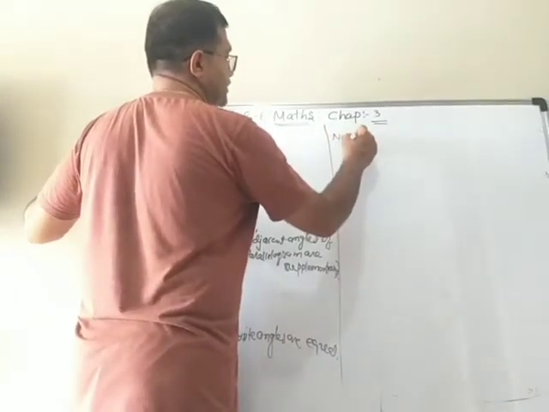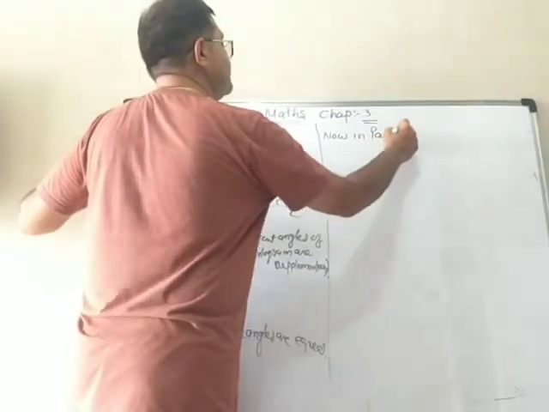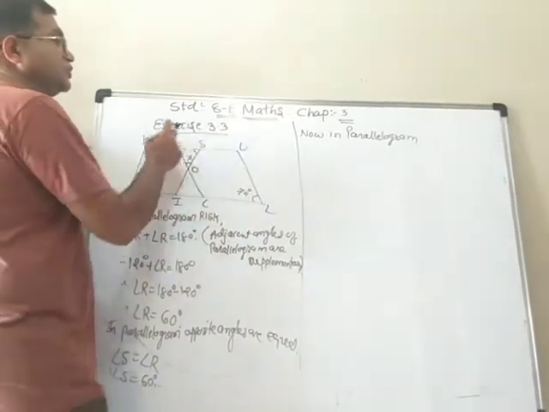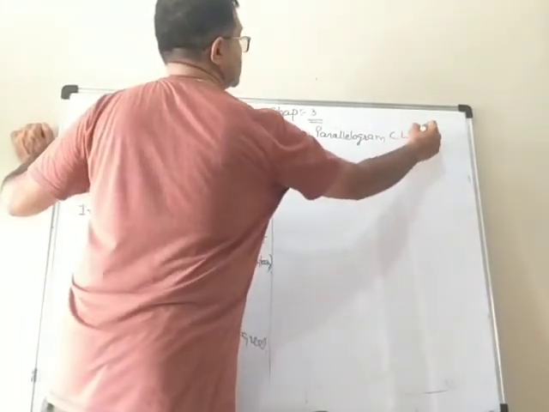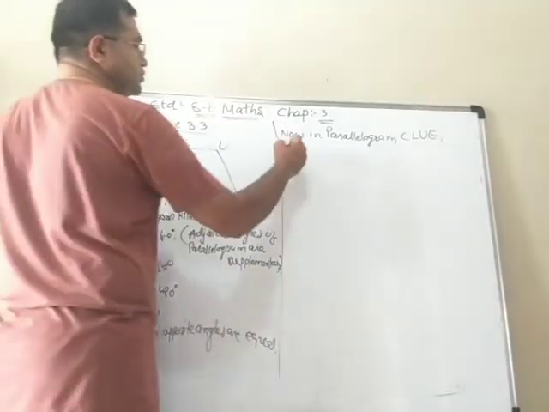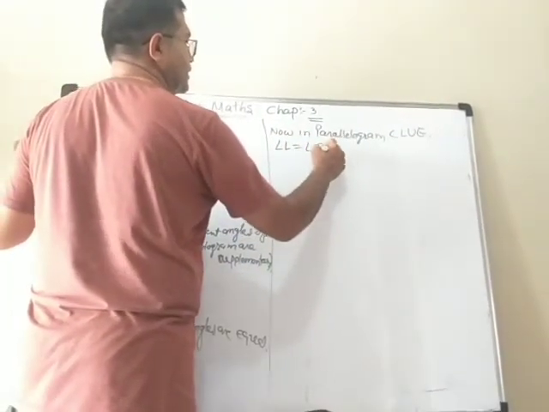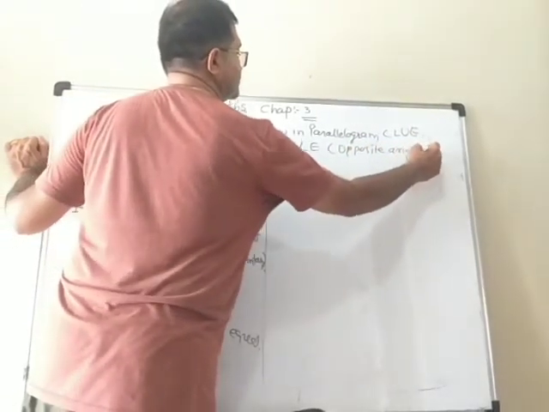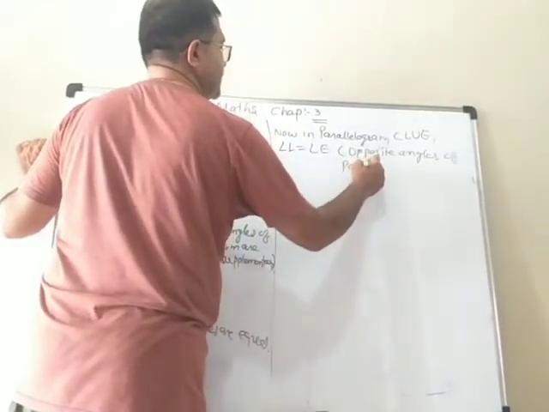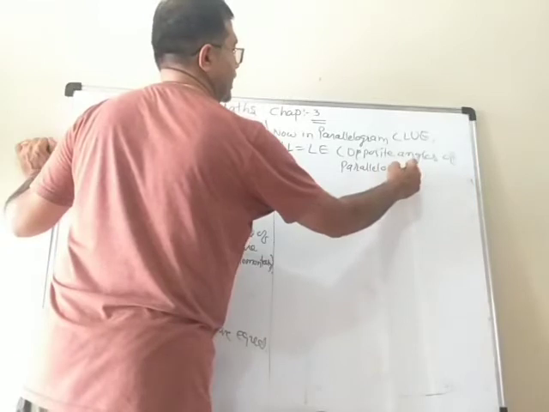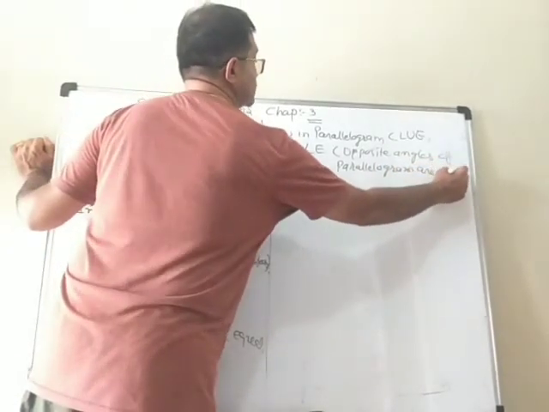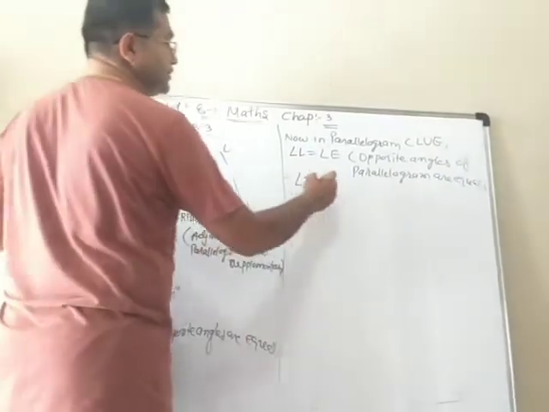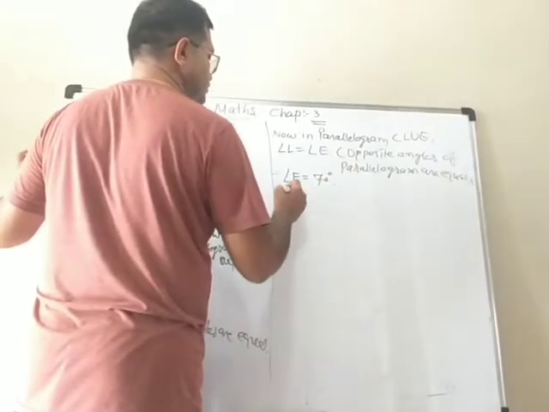So now in parallelogram, which is the other one, CLUE, angle L is equal to angle E. Opposite angles of parallelogram are equal. Therefore, angle E is also 70 degree.